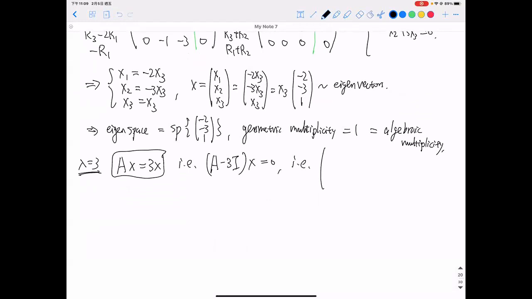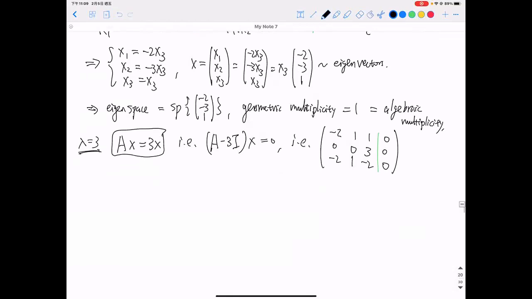And the augmented matrix is minus 2, 0, minus 2, 1, 0, 1, 1, 3, minus 2. The last column is, of course, 0, 0, 0.